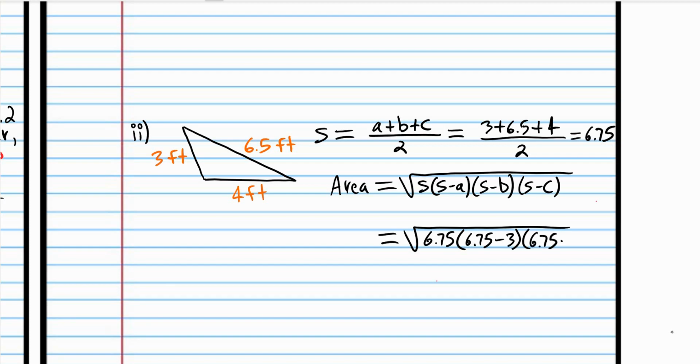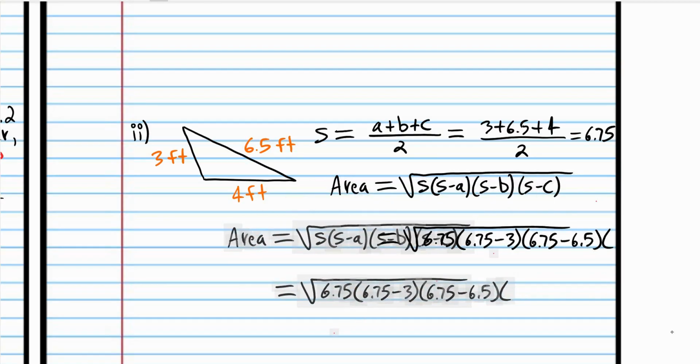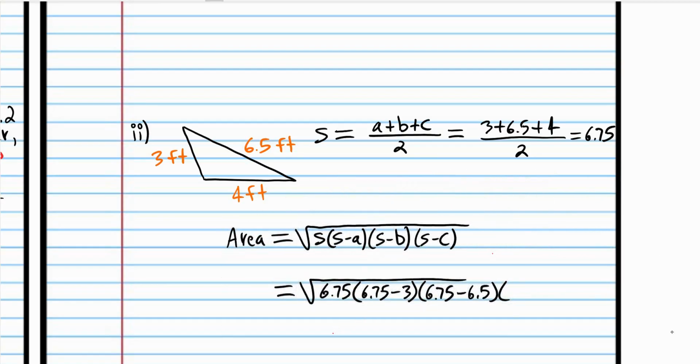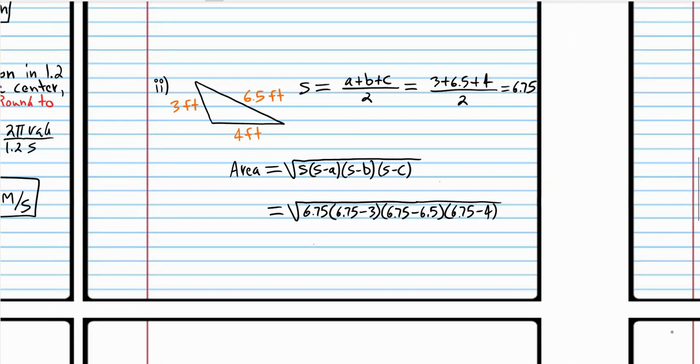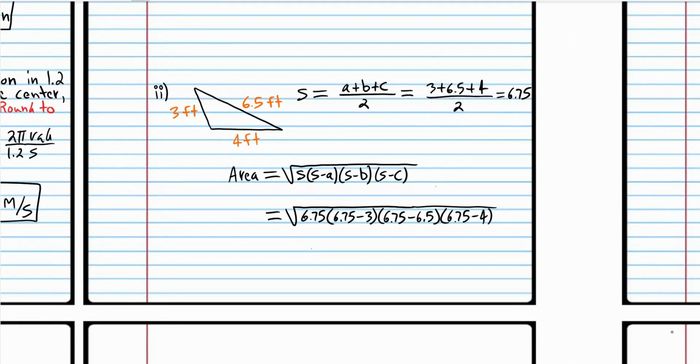B is another one of the sides, I'll make that 6.5. And C is the remaining side. So 6.75 minus 4. And that's it. All we have to do is calculate and we'll have our answer.